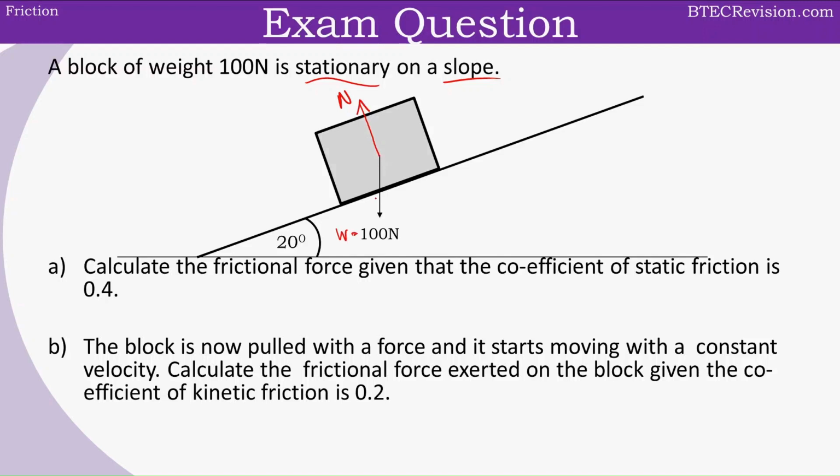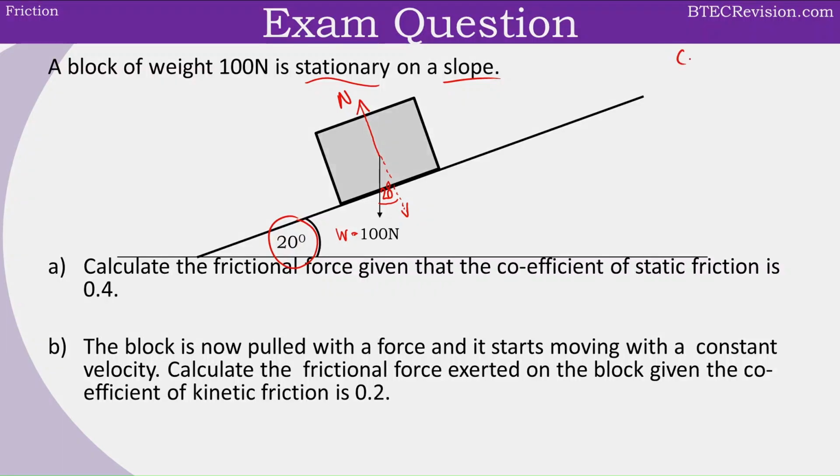And we should note that these lines, the weight and the normal force, are not aligned with each other. So we would want to work out the component of the weight so that it is aligned with the normal force. And using geometry, we can see that this is an angle, 20 degrees, matching that to the slope and the ground.